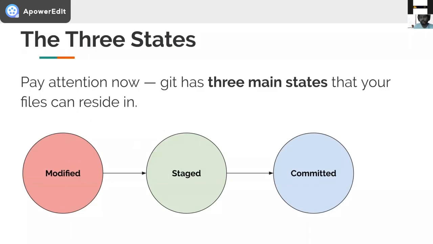So keep these points in your mind for the time being. Later, when I do the actual hands-on session, you will understand better. At the moment, just keep in mind that there are three states: modified, staged, and committed. You can't directly go to the committed without staging.